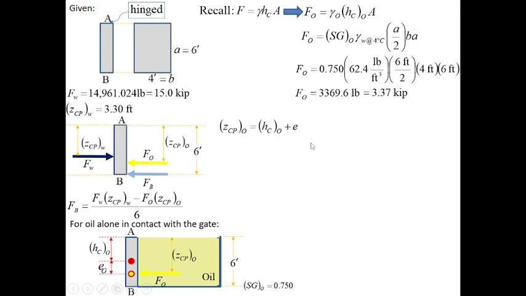Now we have A over 2 plus IXC over HCO times the area. So this is the formula for the eccentricity.